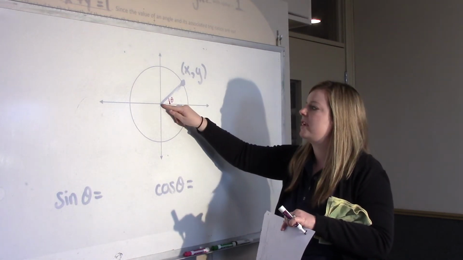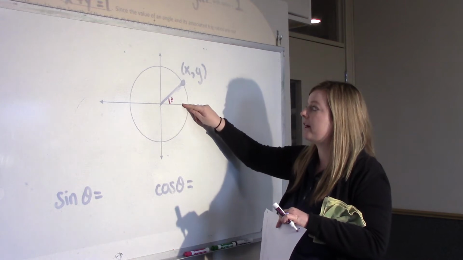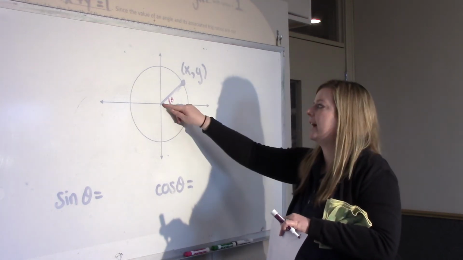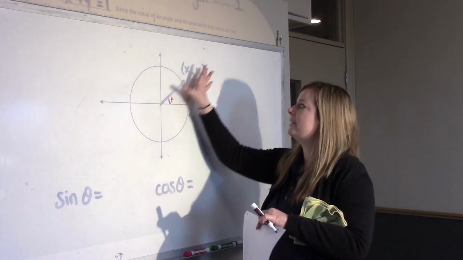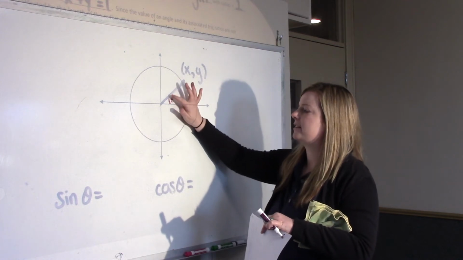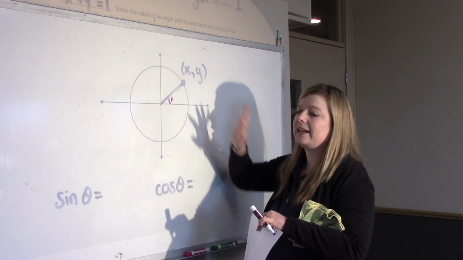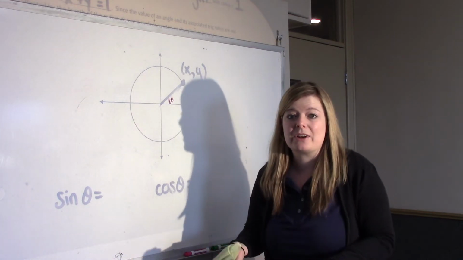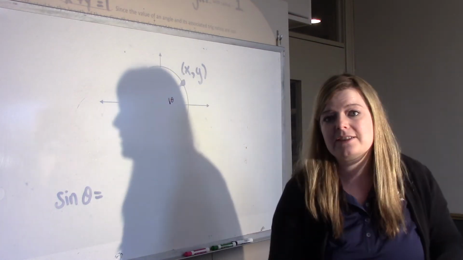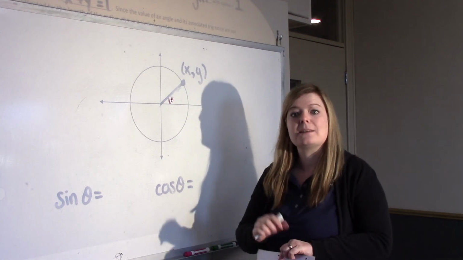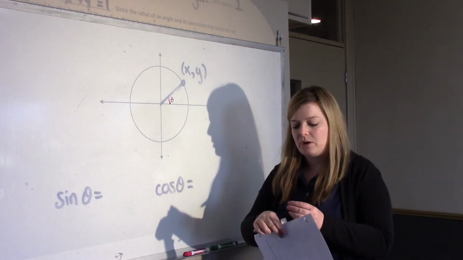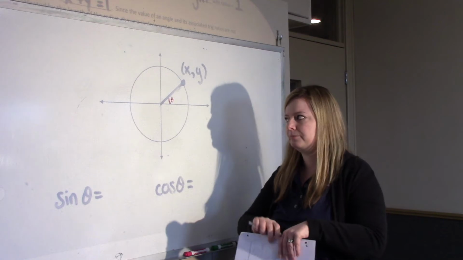What matters is the ratio between the run and the rise, really, the x and the y. So the length of this is not affected by theta at all. So that's why we make this radius equal to 1, because it's the simplest radius to use. It doesn't affect our sine values, so why not make it as simple as possible? Okay, that's the concept there.